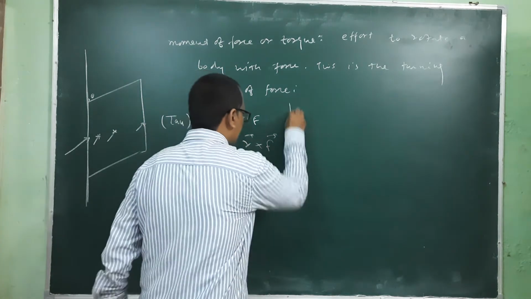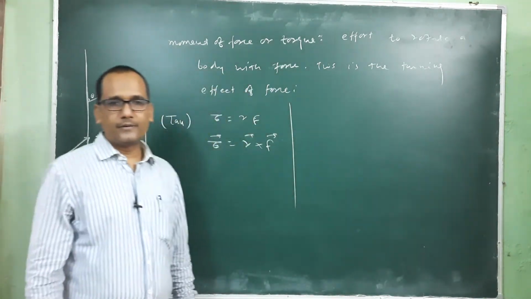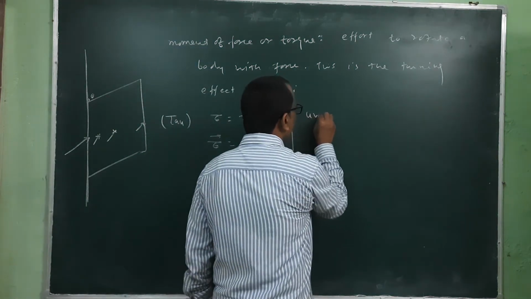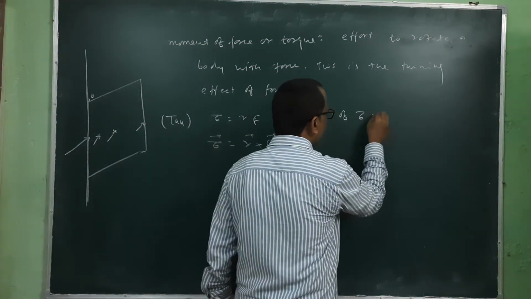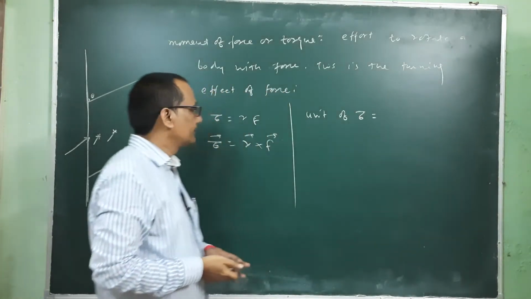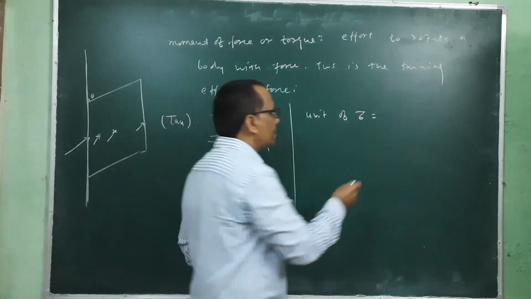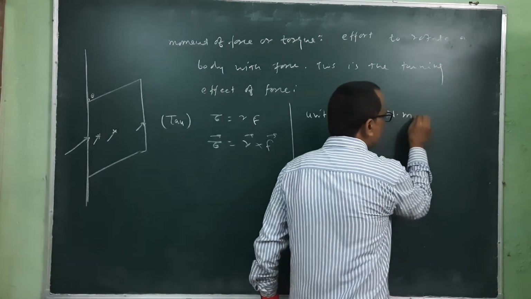Now we can write its unit and dimension also. The unit of tau: this is the force, and this is distance, so this is Newton meter.